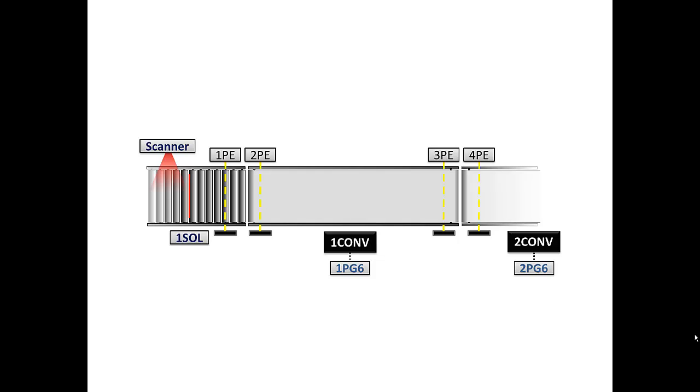So if the drive pulley is 12 inches in circumference, that means it makes 1 complete rotation for every 12 inches that the belt travels, and the pulse generator puts out 6 pulses per rotation. You'll get a pulse every 2 inches of travel on the belt.